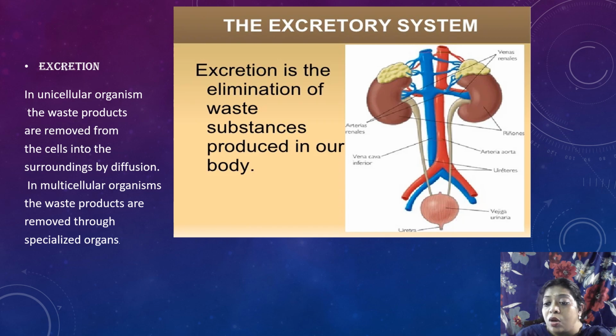Exocytosis. Exo means outside, endo means inside. There is one more process called endocytosis, but I am going to tell you only about exocytosis in unicellular organisms. Exocytosis is a process by which the waste is expelled out. In amoeba, you can find a number of vacuoles.